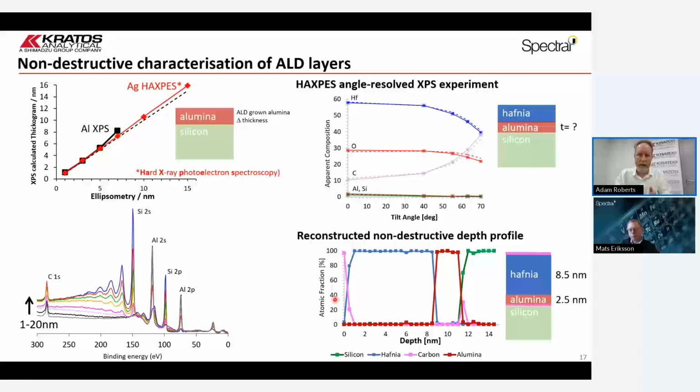So we're looking at the atomic concentration versus depth. And that allowed us to determine the film thickness of 2.5 nanometers of the alumina barrier layer. And what was really interesting was that we were also able to identify some carbon contamination sitting between the alumina and the silicon. And that was up to a depth of nearly 15 nanometers because I was using the HAXPES.